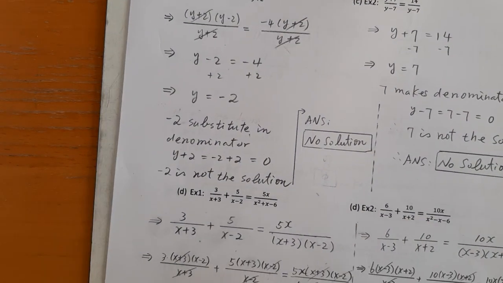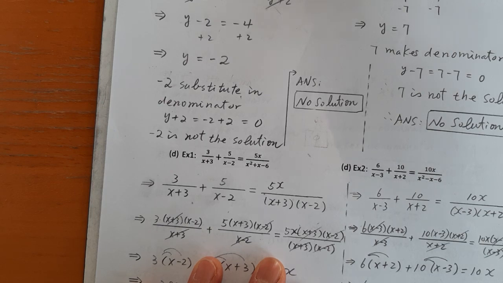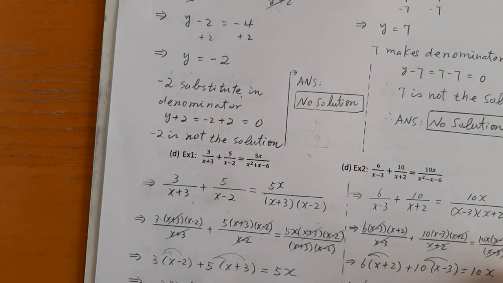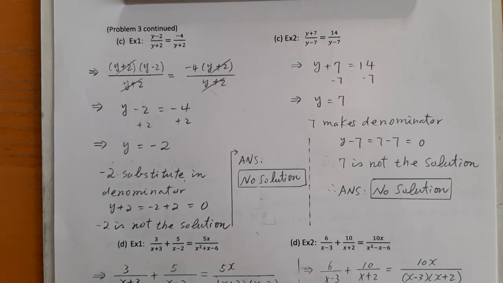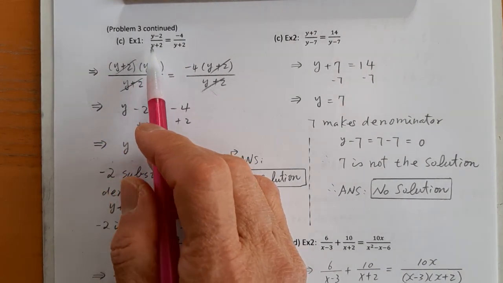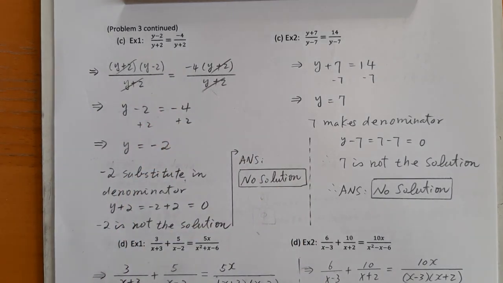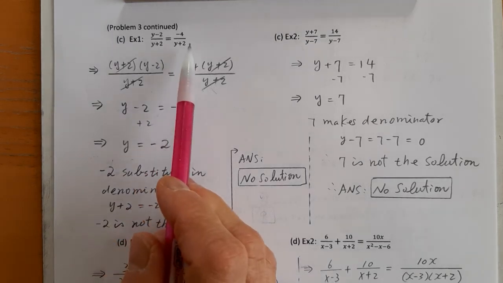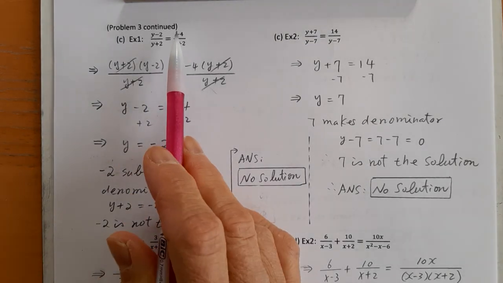Then next one, question 3C, solve the equation also. 2 examples. Example 1: y minus 2 over y plus 2 equals negative 4 over y plus 2. First of all, we have to remove the denominator, so we can multiply both sides by y plus 2.